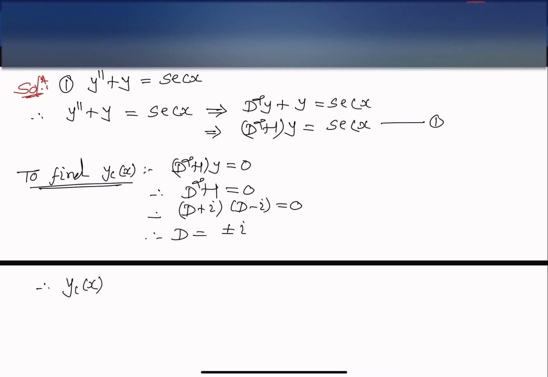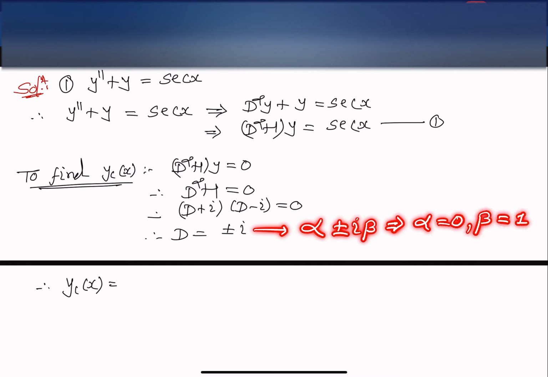ycx is equal to, now see which case is applicable here. This plus or minus i is nothing but alpha plus or minus i beta, and therefore alpha is equal to 0 and beta is equal to 1. Right.